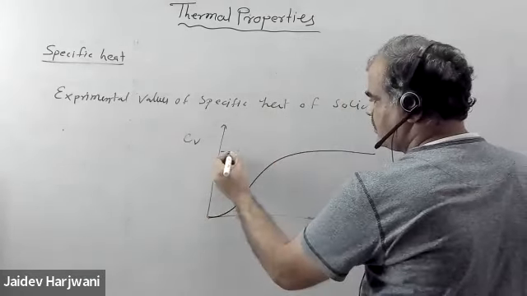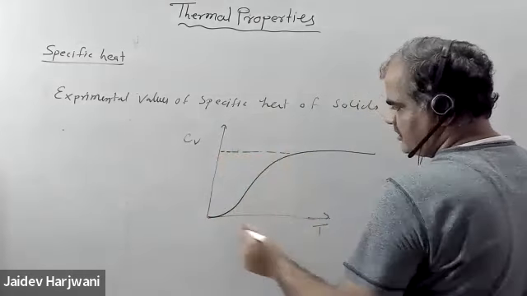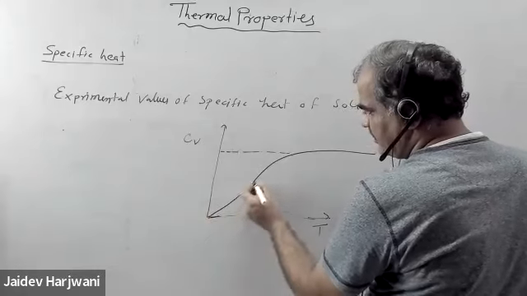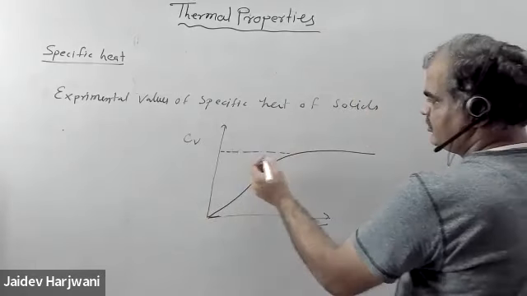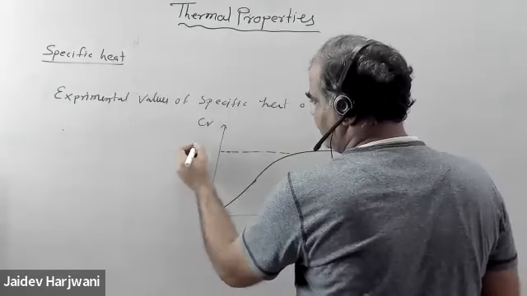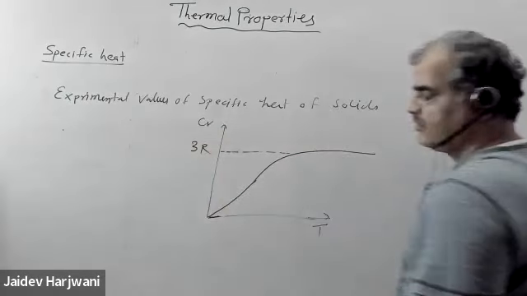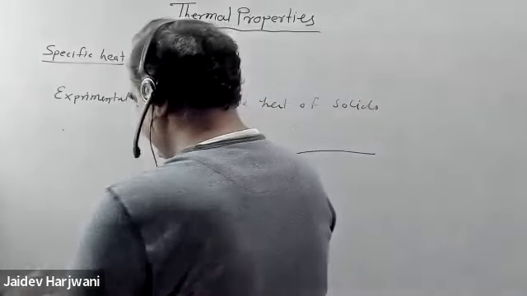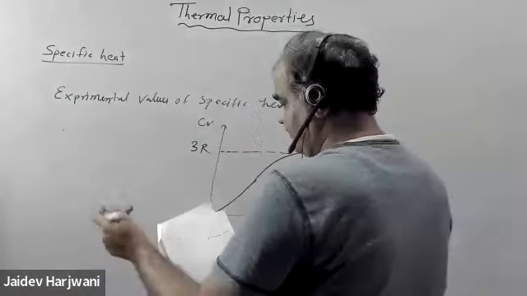This is at low temperature, and this is at high temperature, and the value of specific heat at high temperature is a constant 3R. So at high temperature you have Cv equal to 3R.